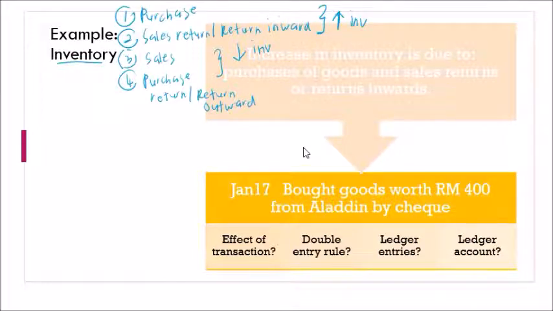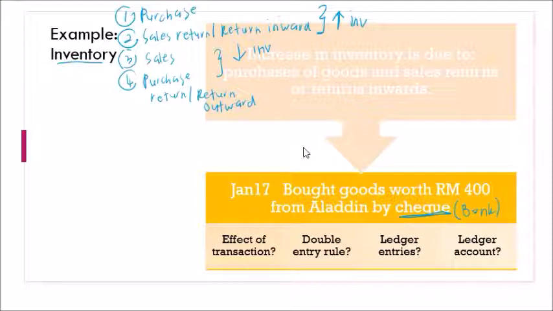So Jan 17 bought goods worth 400 from Aladdin by check. So just previously, as I stated, check. Check means money in bank. So what do we deduct? Deduct bank, since the money is in the bank.